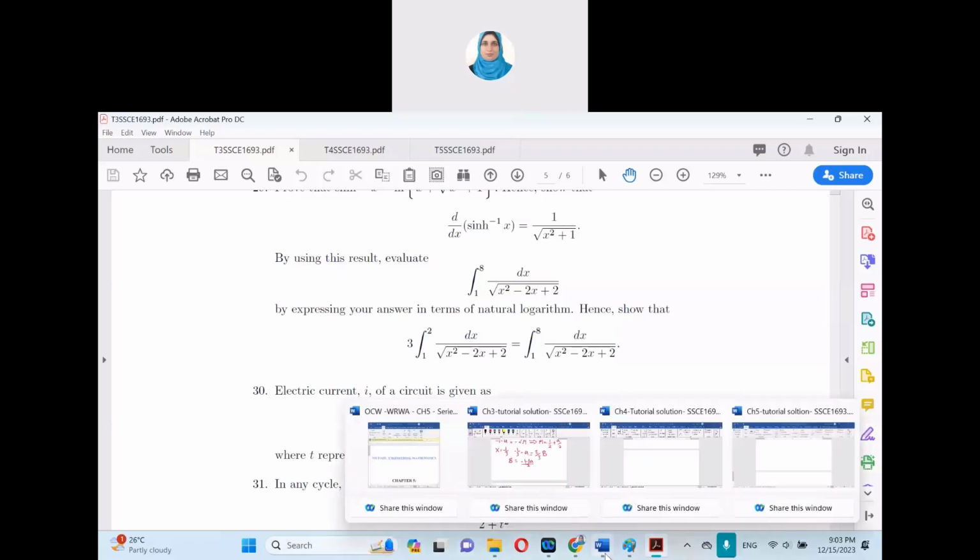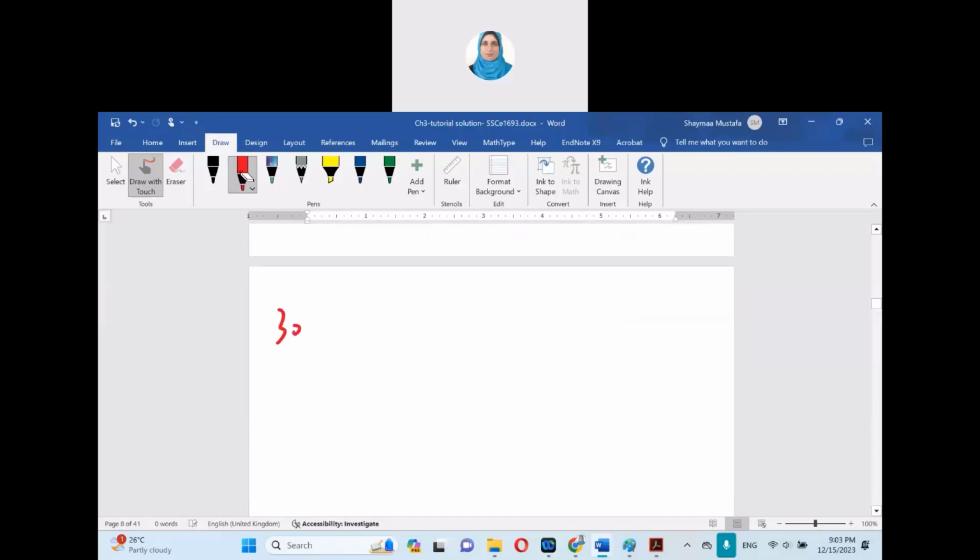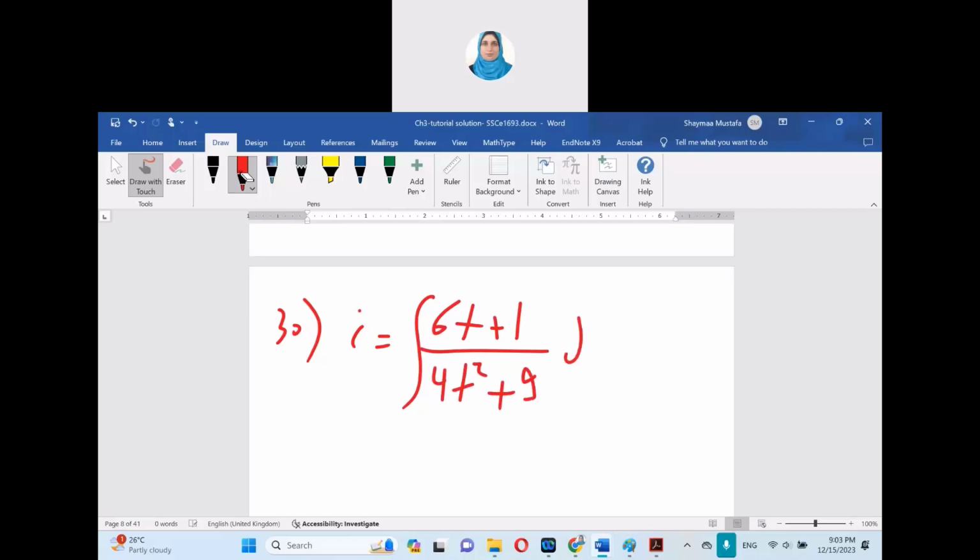So let's go back to question 30. You have I, the function I, equal to the integration of (6t + 1) over (4t² + 9) dt.